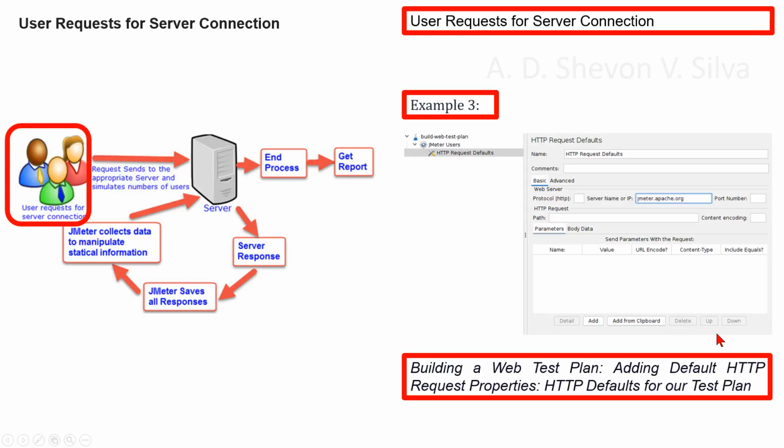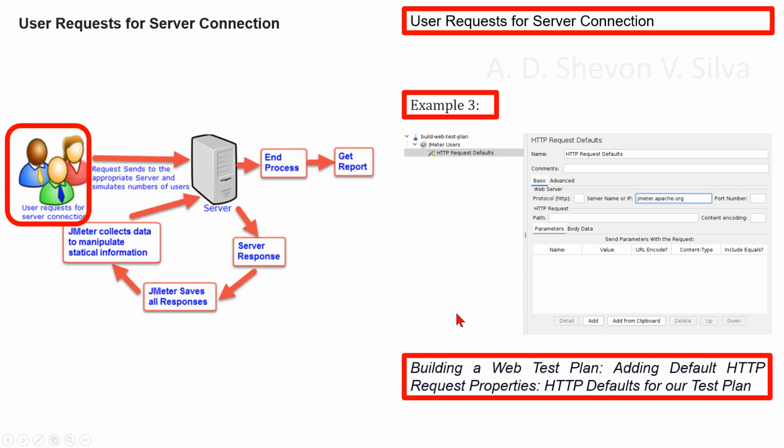Now we are considering adding default HTTP request properties in building a web test plan. Here you can see the HTTP defaults for our test plan. Now that we have defined the users, it is time to define the task that they will be performing.